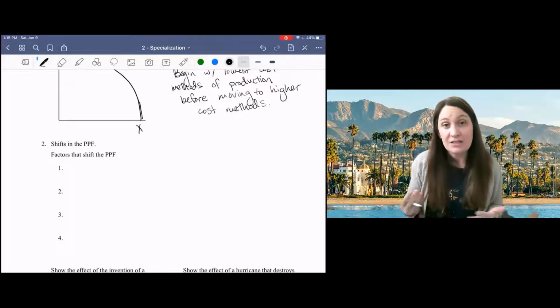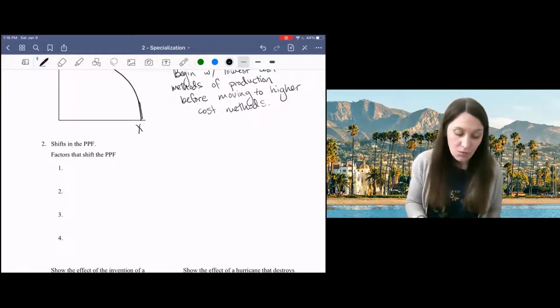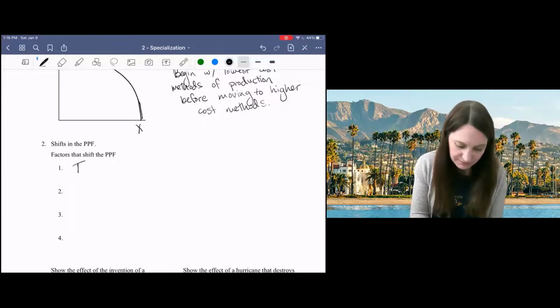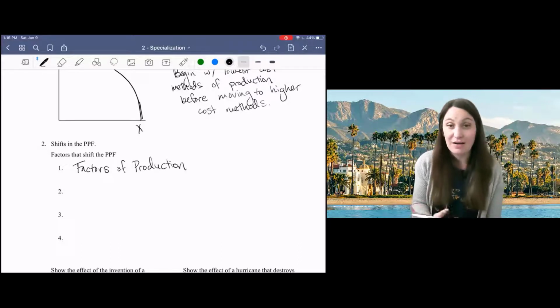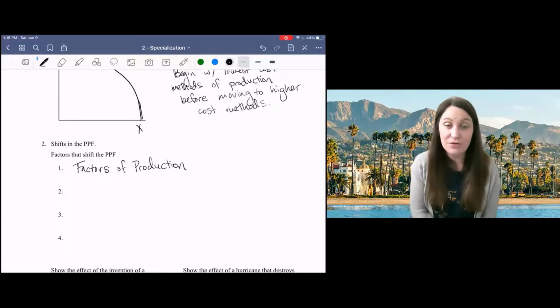So one thing that can shift our production possibilities is a change in our resources or our factors of production. Factors of production are just inputs into the production process. And obviously that could be anything based on what you're producing.